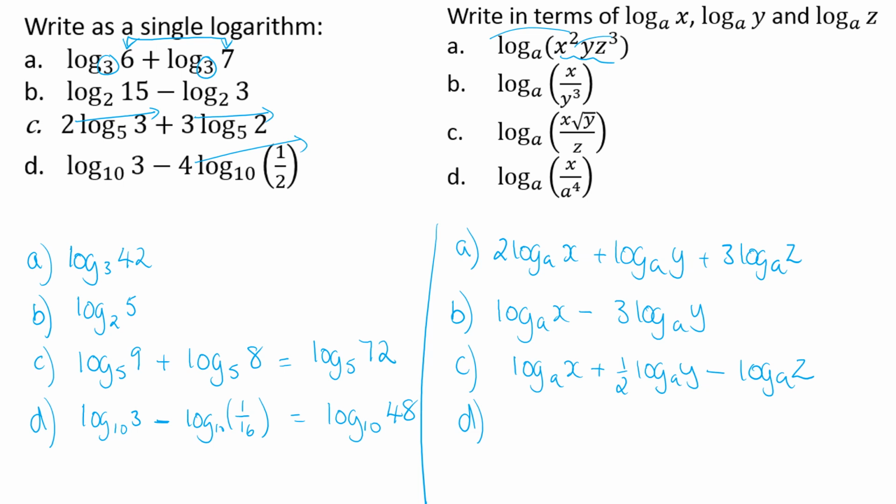And then D, log to base a of x minus 4 log to base a of a. And a to what power gives it itself is just 1. So log to the base a of a, if these letters are the same, that's always going to be 1. So this is log to base a of x minus 4 times 1, which is 4.